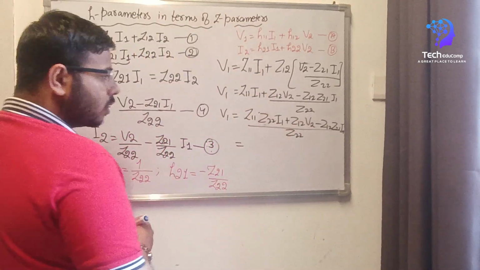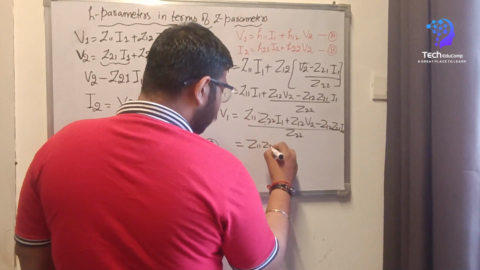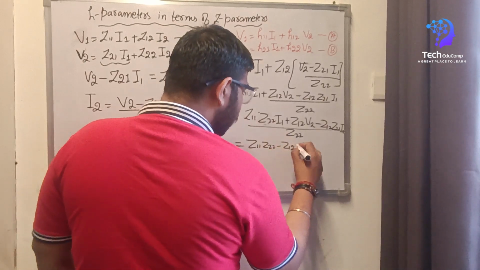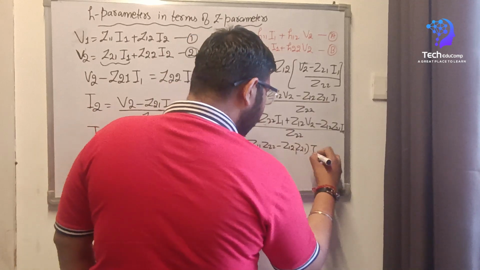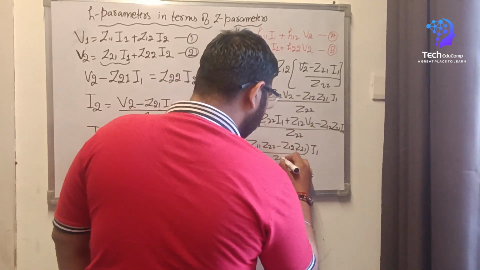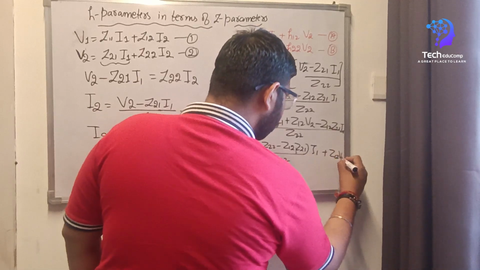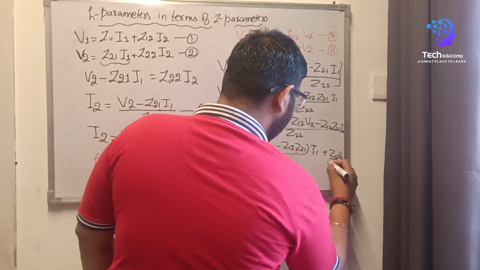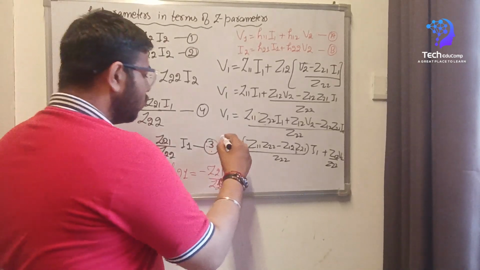Now take I1 as common, so it will be Z11 into Z22 minus Z12 into Z21, into I1 divided by Z22, plus Z12 into V2 by Z22. So we get this equation for V1.